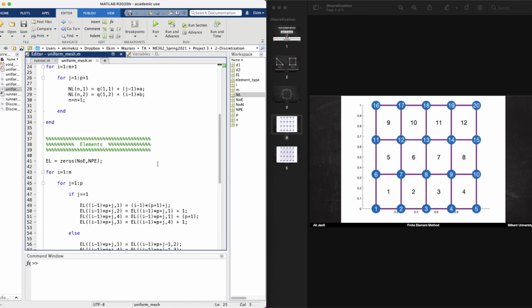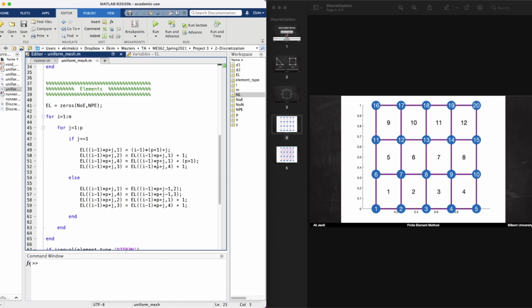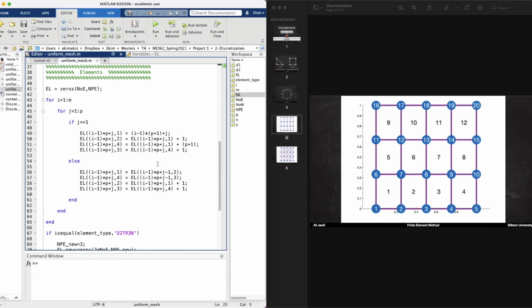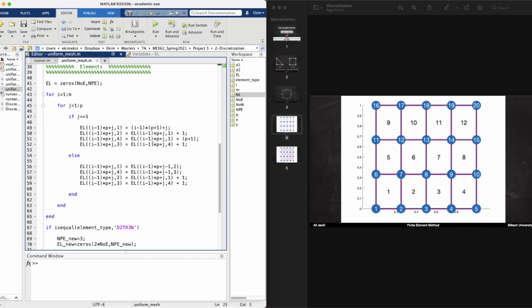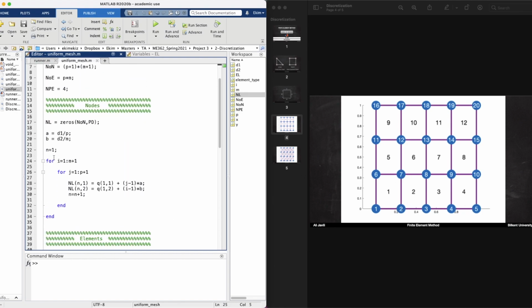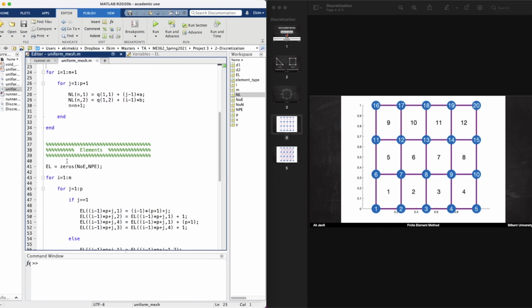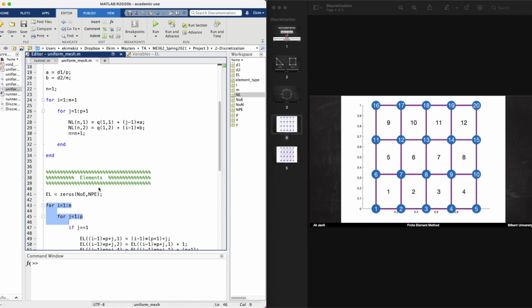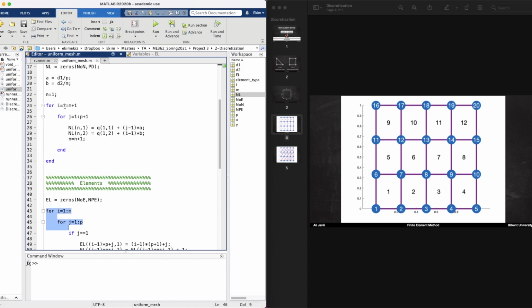So we can actually move on to the element generation now. So now we have our node list, and what's left to do is just assemble the elements. Like we had previously for our node generation, we have 2 loops here, but this time they're from 1 to m and 1 to p instead of 1 to m plus 1 and 1 to p plus 1.